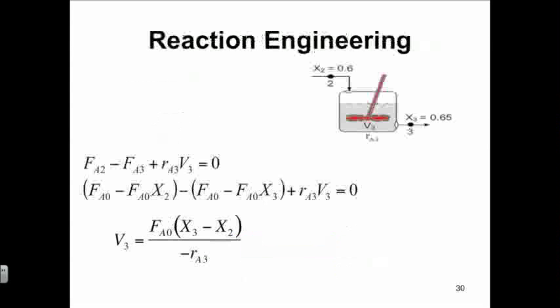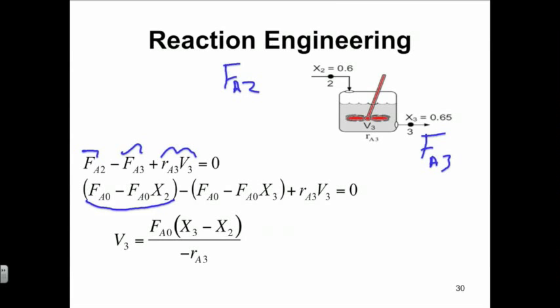And then finally, we look at our last CSTR. We're coming in here with Fa2 entering, leaving is Fa3. So our mole balance is in Fa2 minus out Fa3 plus rate of generation, which is the rate of reaction in reactor 3 times volume V3. Well, we just saw Fa2 is just this quantity here.